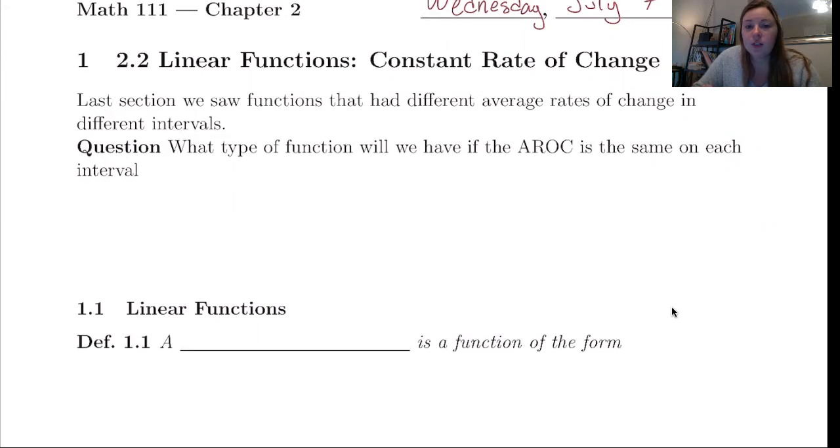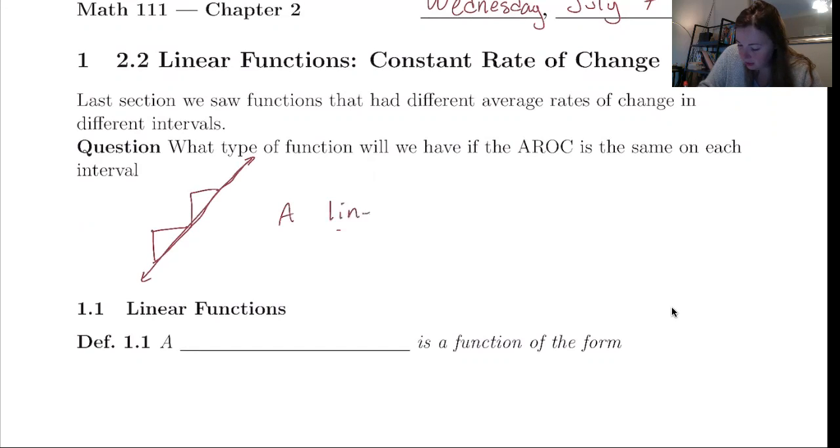So what type of function will we have if the average rate of change is the same on each interval, right? So my rise and run would be the same each and every time, up and up and up. I would get a line just like that.